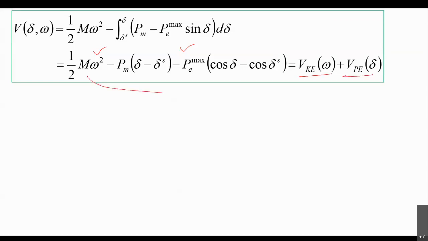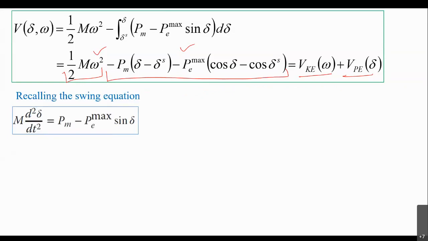One is your kinetic energy and the other one is your potential energy. So your kinetic energy portion is this and your potential energy is this. So this is the energy function for a single machine infinite bus system. So now we'll recall the swing equation.